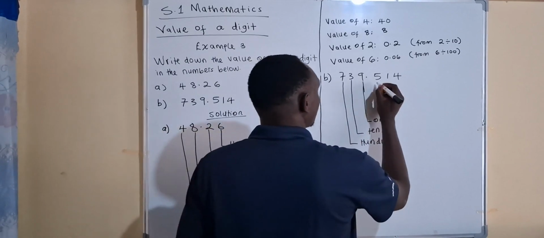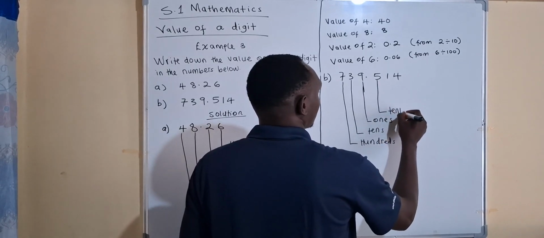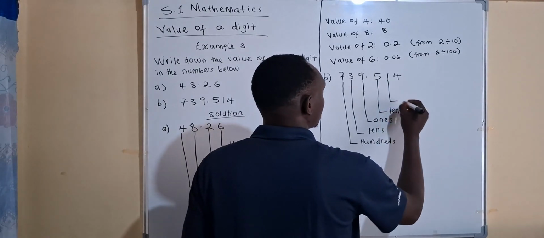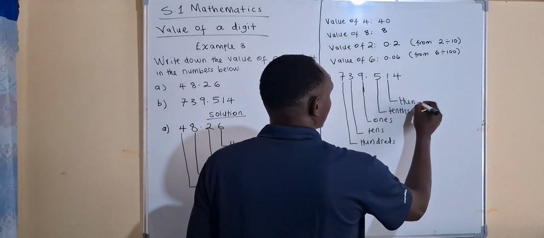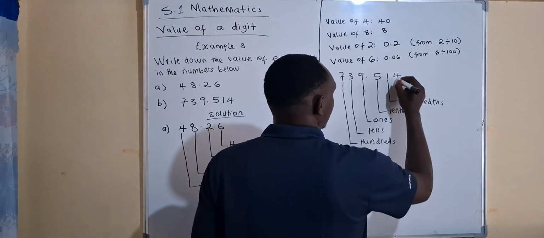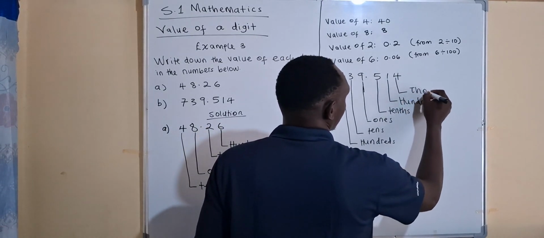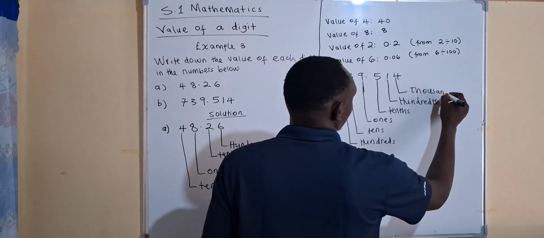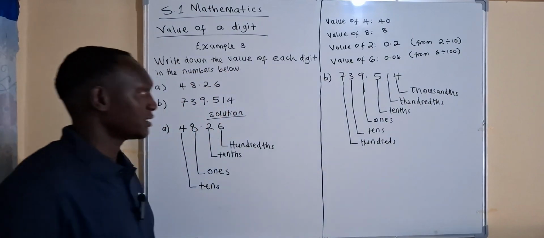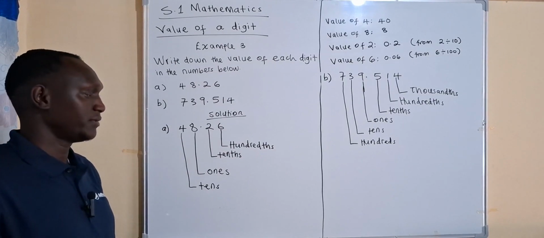And then you come here, the place value for 5 here is tenths. The place value for 1 here is hundredths. And then the place value for this 4 is thousandths.